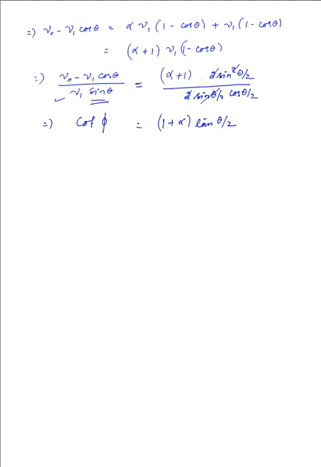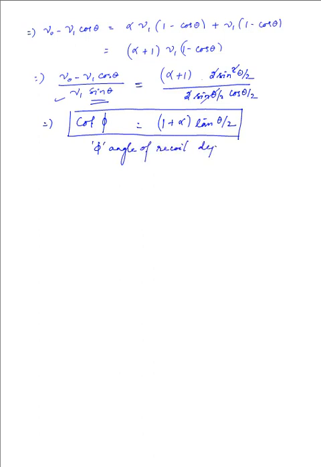So what we get to know is that the angle of recoil of the electron depends on the angle of scattering, which is of course theta.